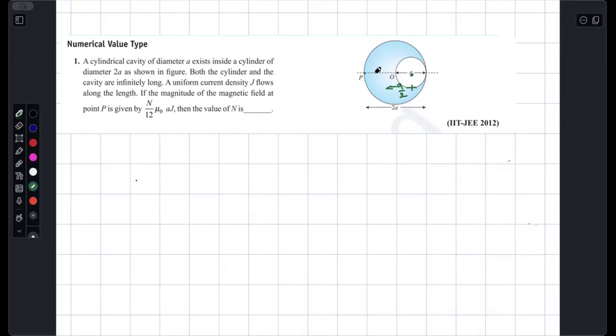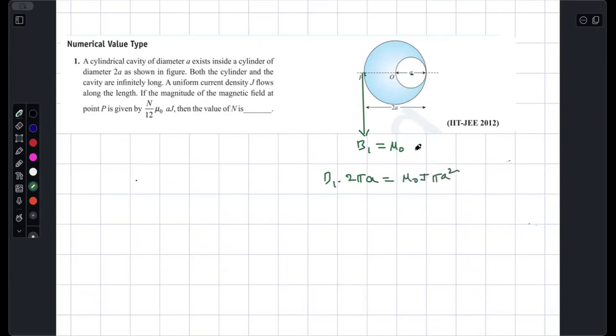At point P, I am assuming outward current. At point P, what is the expression for B? B1 is mu naught integral B1 into 2 pi A is mu naught times J into pi A square.